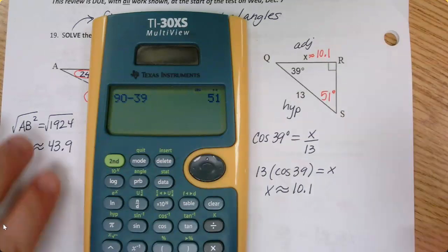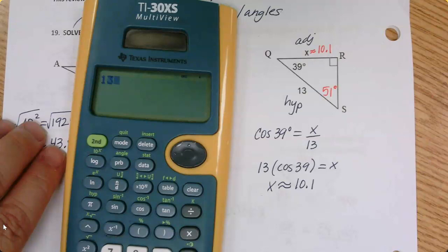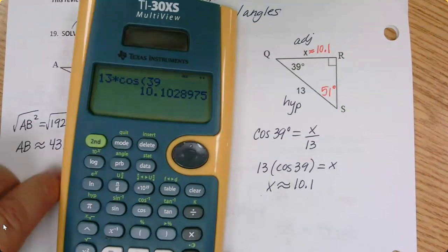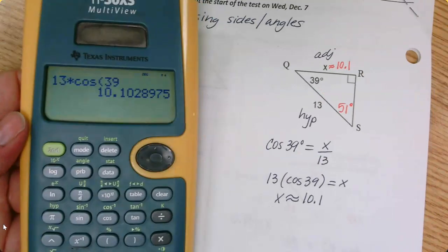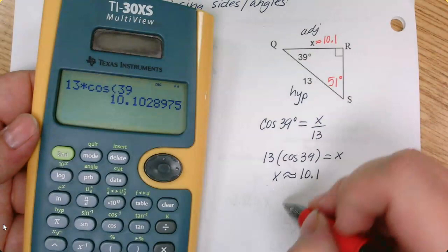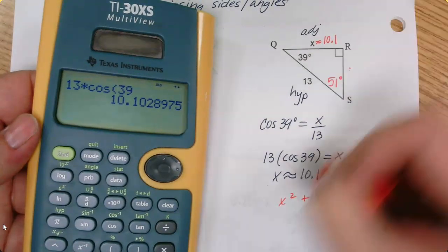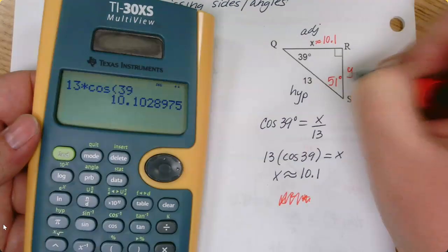So sometimes what I'll do to make that a little better is, remember down here when I did 13 times cosine 39 and got 10.1? I'll leave it in the calculator and say, okay, now I'm going to do x squared plus, I don't want to call that x, let's call this y.